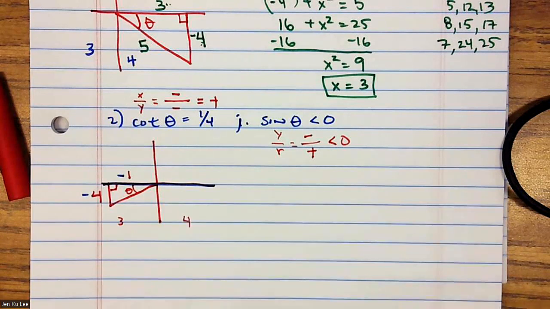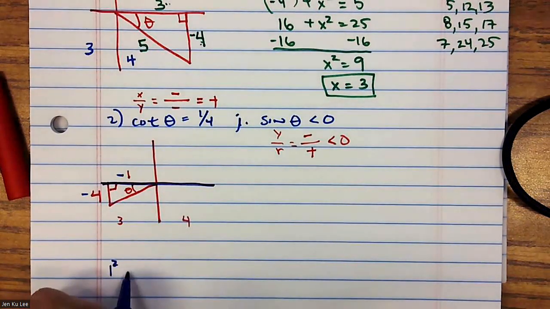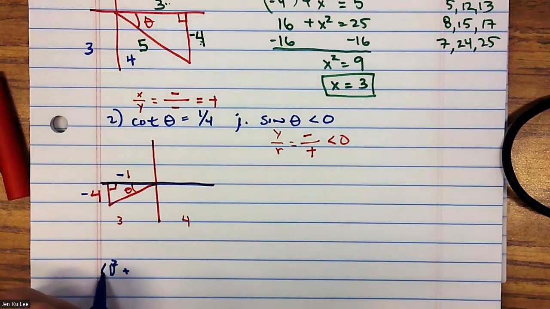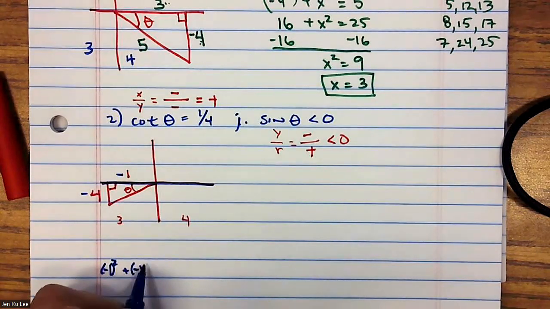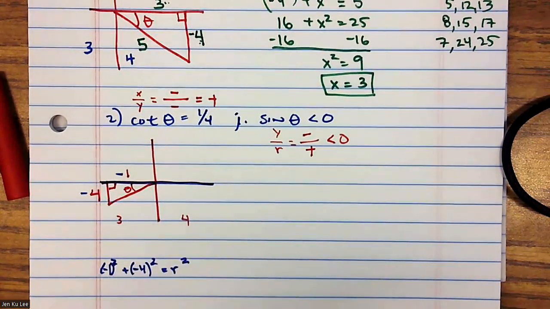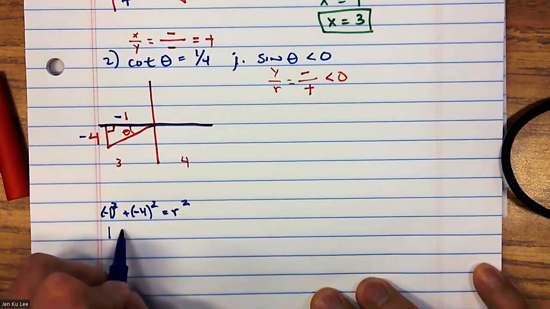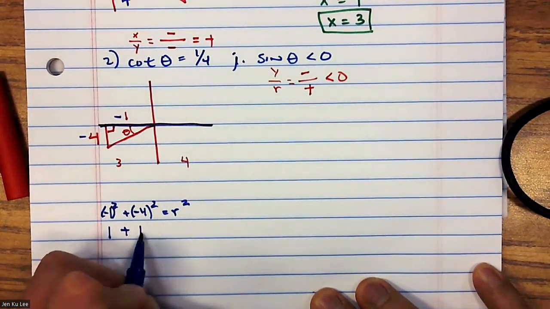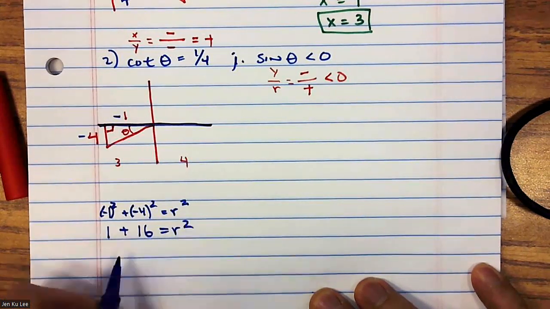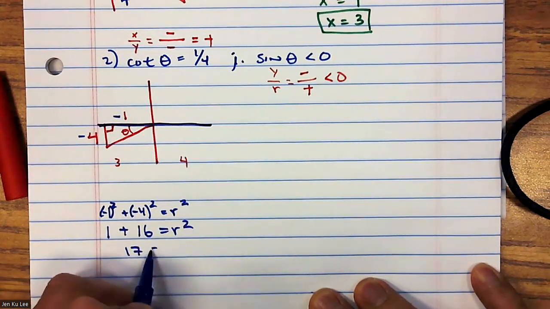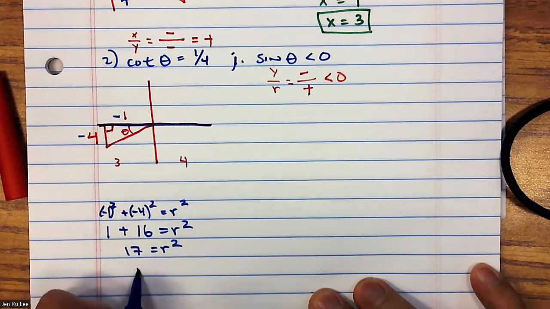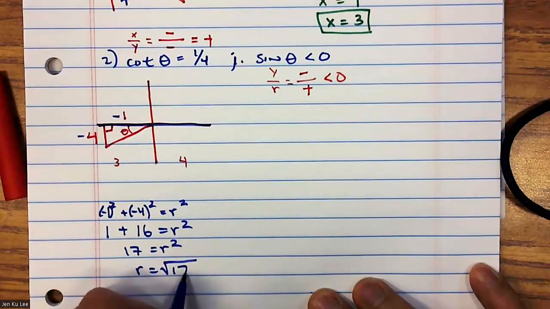Negative 1 squared plus negative 4 squared equals r squared. Negative 1 squared is 1, plus negative 4 squared is 16, equals r squared. That's 17 equals r squared. So r is going to equal the square root of 17.